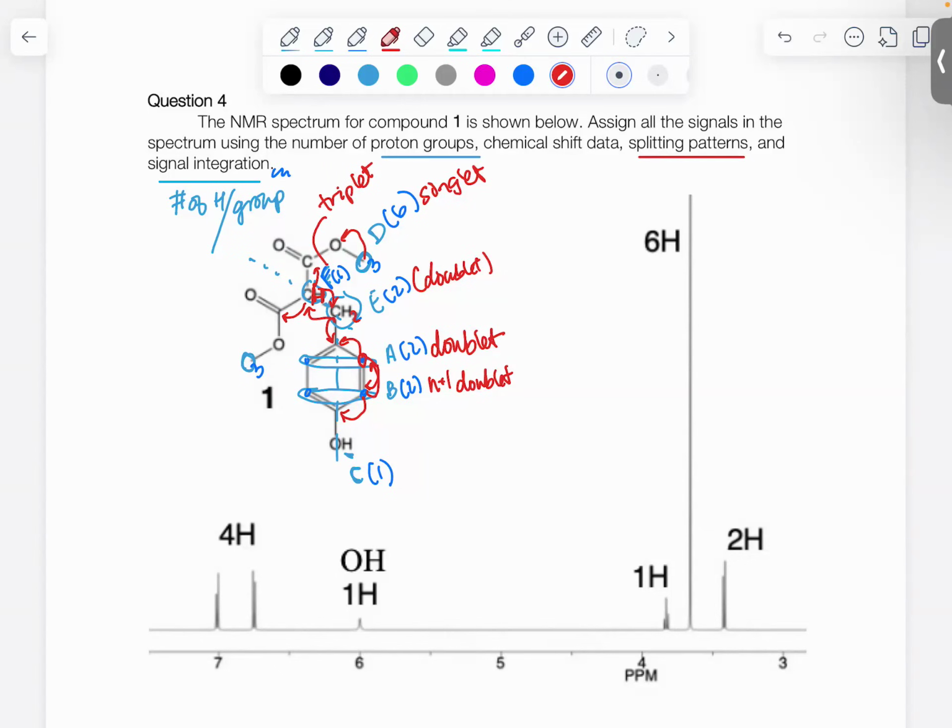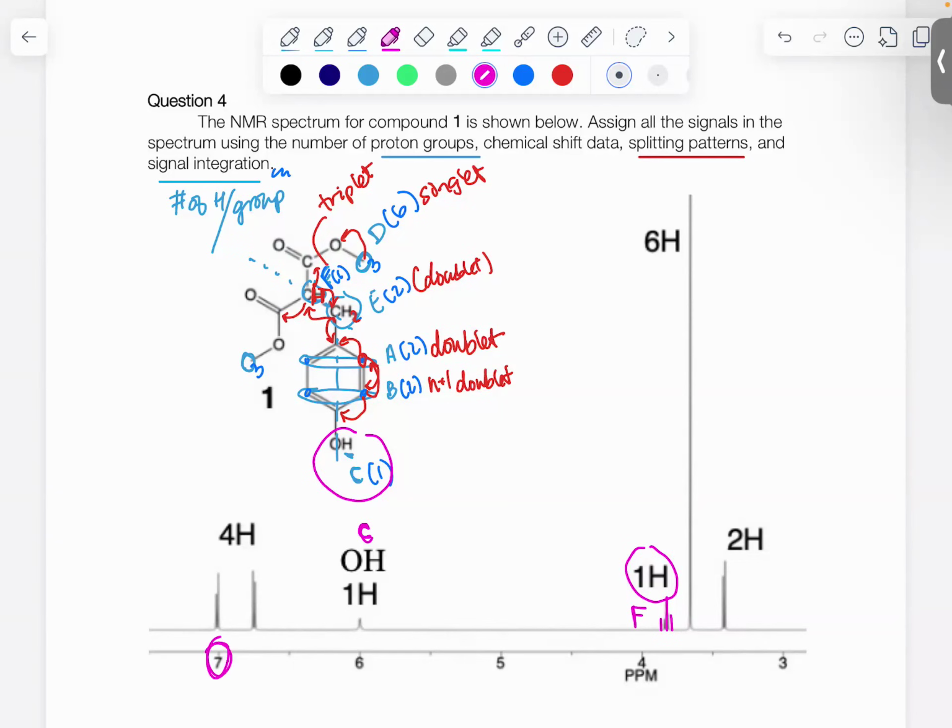For chemical shift data, you'll use the table that will be given, but now we can assign all of our signals. And so C is easily assigned to us already. We only have 1 signal that is, it's hard to see here, a triplet and only has a signal integration of 1, so that must be F. Then we have our two aromatic doublets.